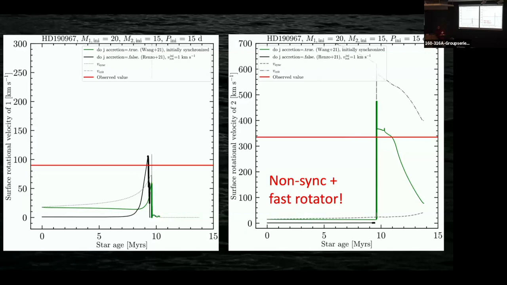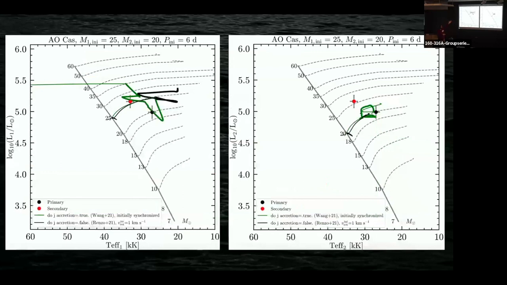How many minutes do I have? Two? I'd say four. No, I think I can stop here, because it's just a few other systems. But as you can see, even different prescriptions can show us different behavior in terms of mass transfer.